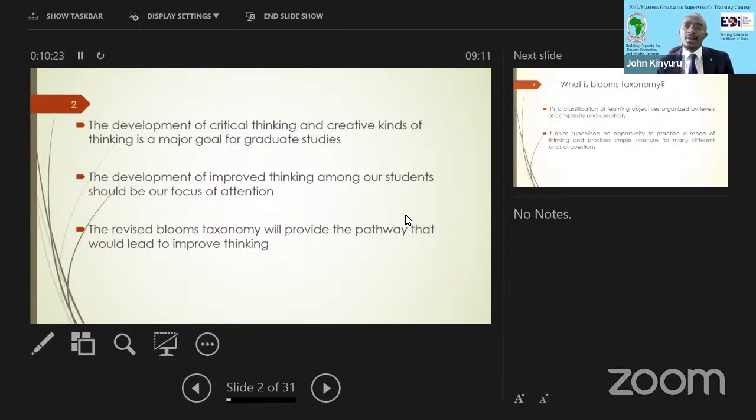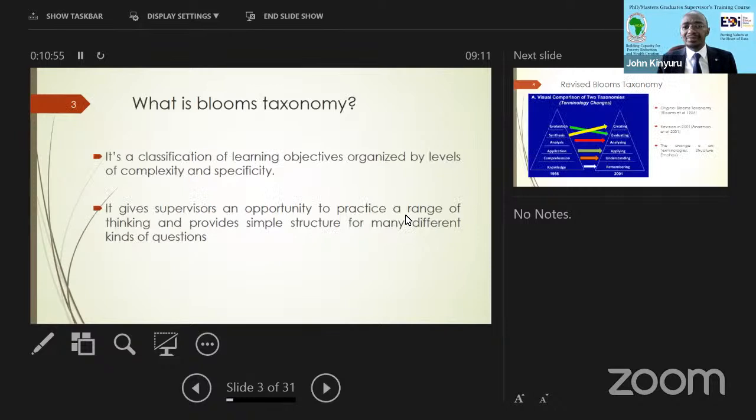And in today's topic, we'll basically major around Bloom's taxonomy. You probably have come across Bloom's taxonomy. Those of us who are not trained teachers, maybe this may be new to some of us, but really Bloom's taxonomy is a framework that provides a pathway that leads us to improve the thinking ability of our students. So what is Bloom's taxonomy?